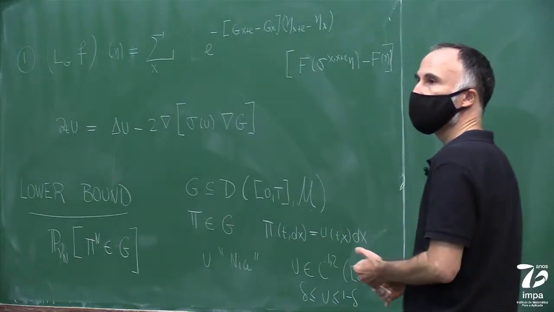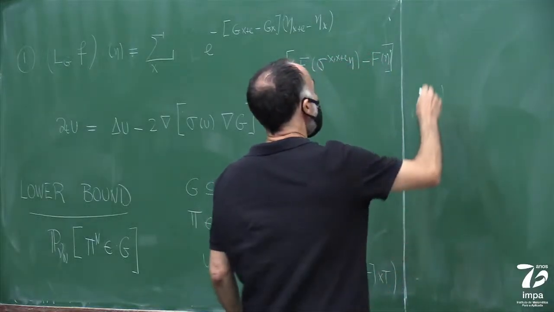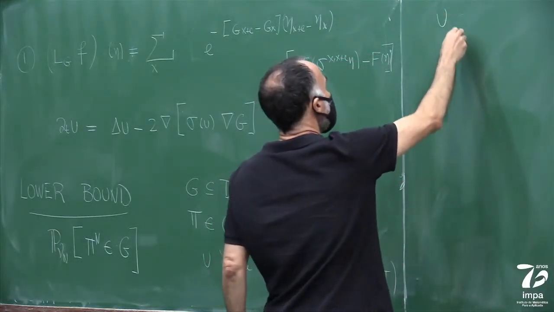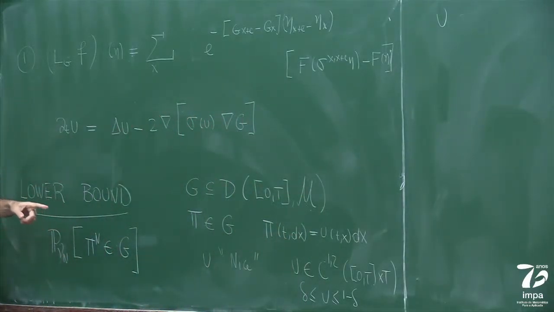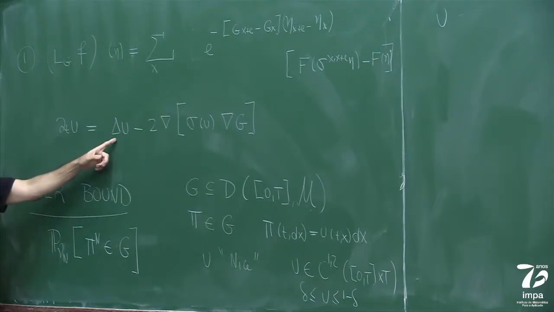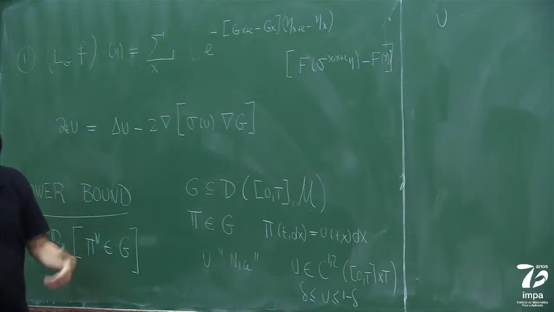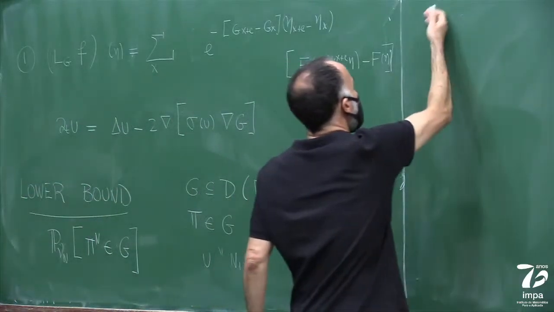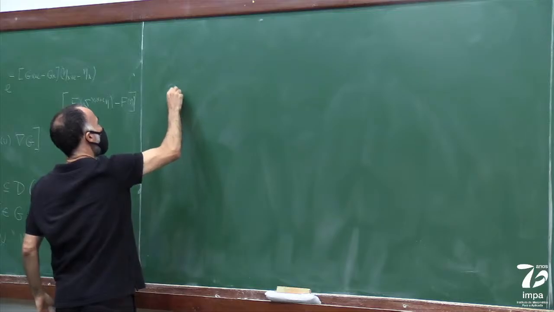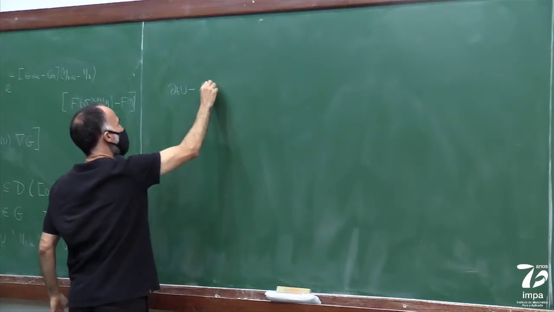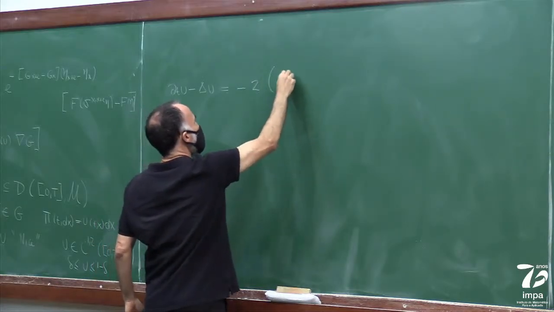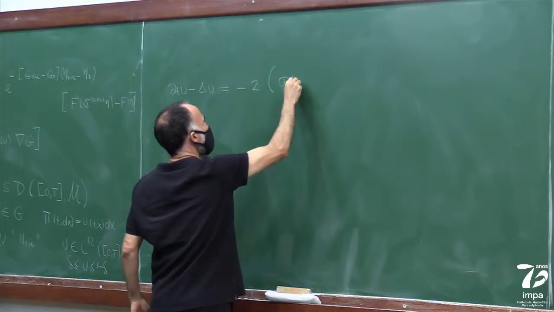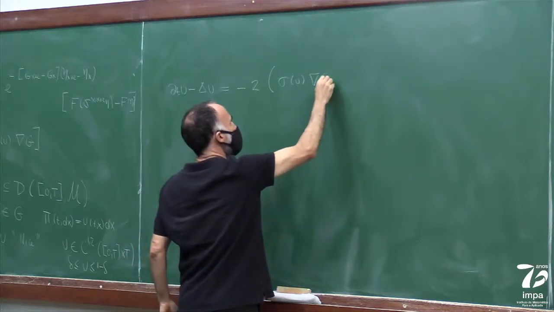So u I fixed. U is very nice. So here's u. Now I look at this equation. Well, since u belongs to C^{1,2}, this is continuous, the Laplacian is continuous. So this equation, I will write it as d_t u minus Laplacian u equal to minus 2 sigma of u gradient of g.